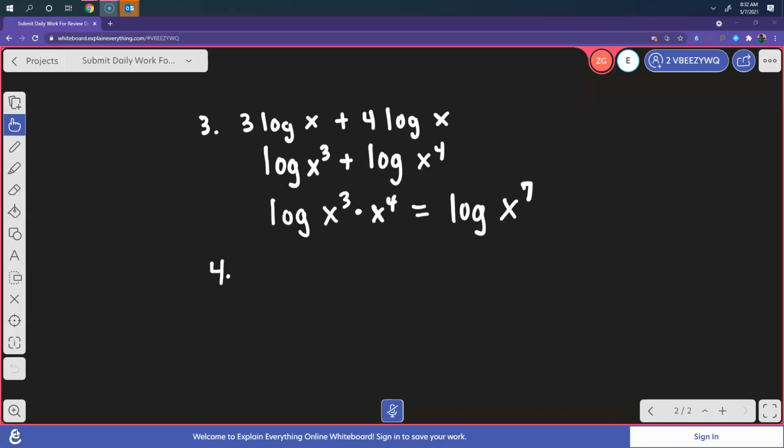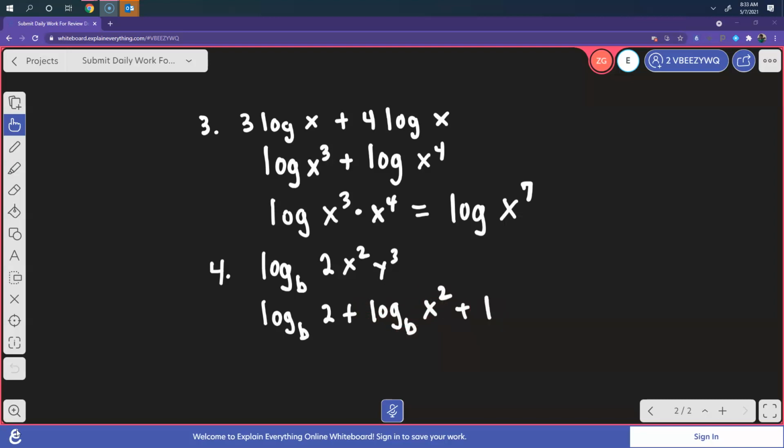So number 4, we're going to expand this. So we have log, and the base is b, of 2 x to the 2nd, y to the 3rd, and we're using the product property. And we're going to use it in reverse. So we have log base b of 2 plus log base b of x to the 2nd plus log base b of y to the 3rd.